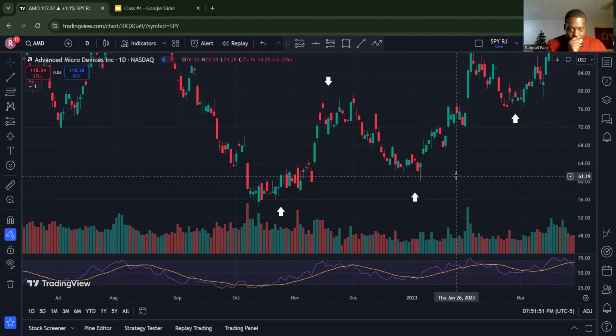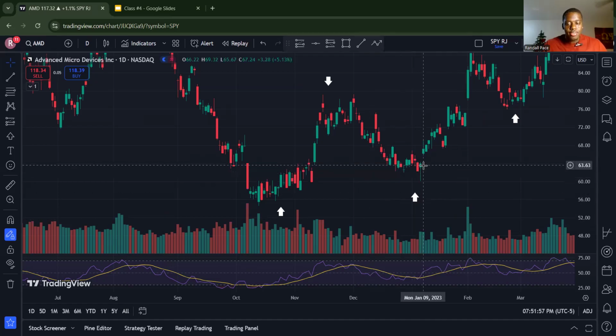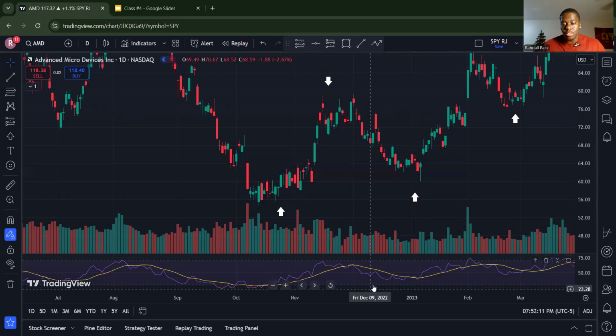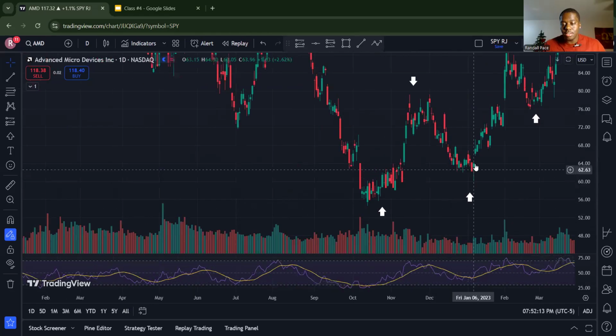Now, here's the part that ties in and makes it important. Technically, if you was to get in here, you was like, okay, I'm waiting on this thing to show me that buyers are back in. You see this right here and you get in. The question is, where does the trade not work anymore? The trade technically doesn't work anymore when this area down here is broken.